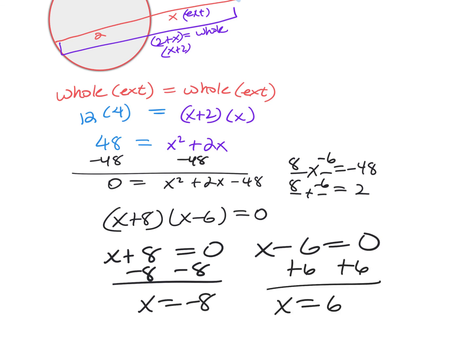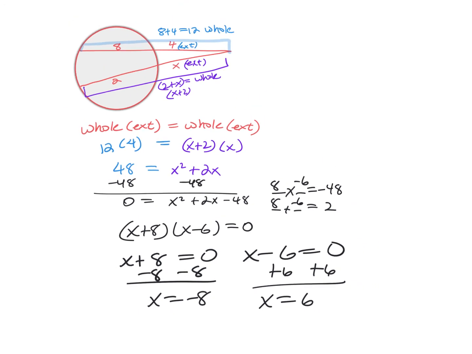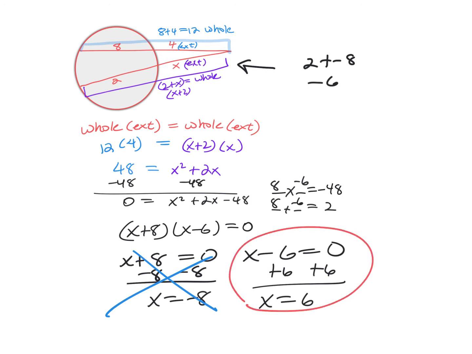Now again, you need to check it. Notice when you plug in negative 8 right here, it becomes 2 plus negative 8, which gives you a length of negative 6 for that tangent. And I can't have a negative length. So I'm going to get rid of this one. And the only one I'm going to keep is X equals positive 6.